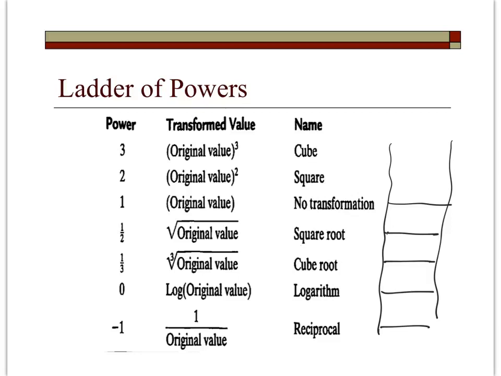Then to go up, you would square or cube it, or raise it to the fifth power, et cetera. So you visualize that you're starting here, and you're either going down this way or going up this way on the ladder of powers.